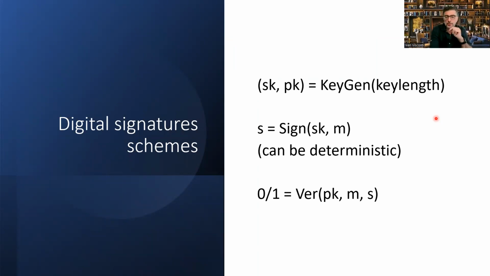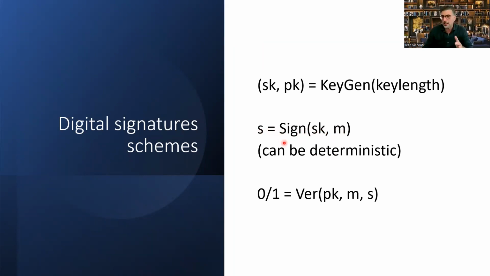The key generation procedure outputs a pair of keys, a public key and a secret key. The secret key is used to sign messages. This signature procedure can even be deterministic, meaning that there is no randomness involved, so if you sign the same message 10 times, you get the same signature.